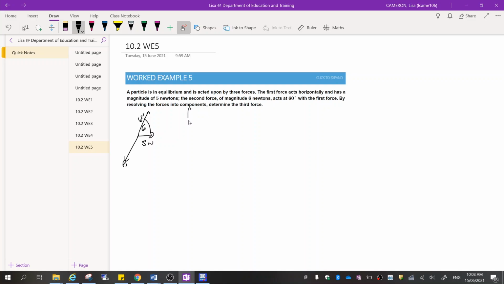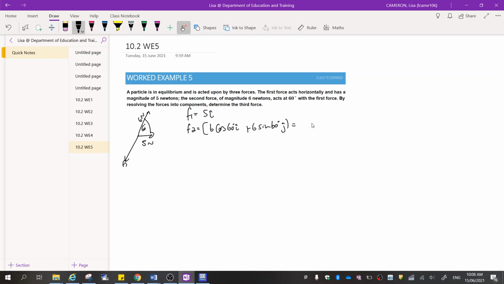So F1 is going to be equal to 5i because it's acting straight on the axis. F2 now is going to be broken down into its components. So it's got a magnitude of 6, cos 60 degrees is the i component, plus 6 sine 60 degrees is the j component.